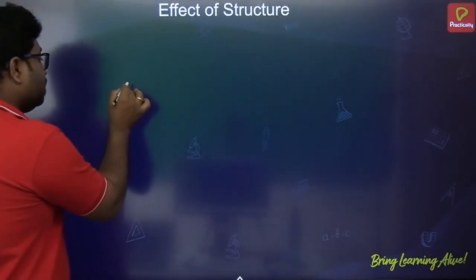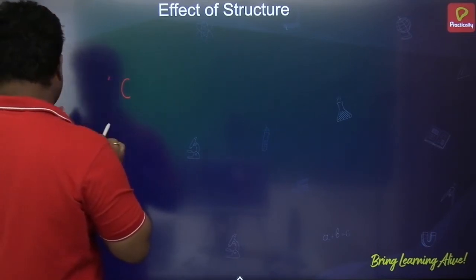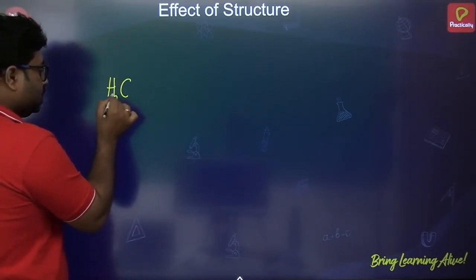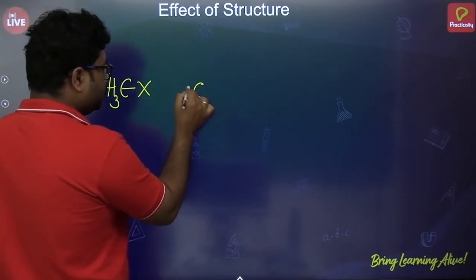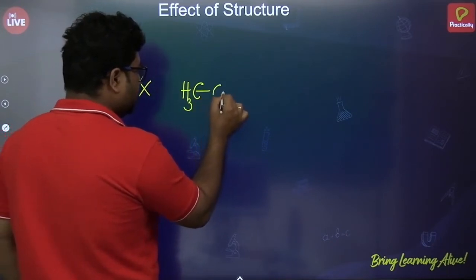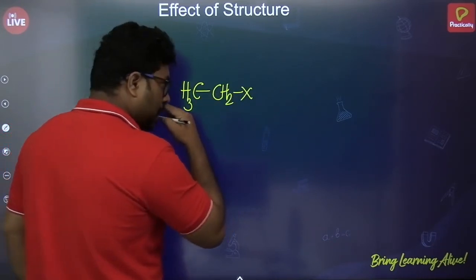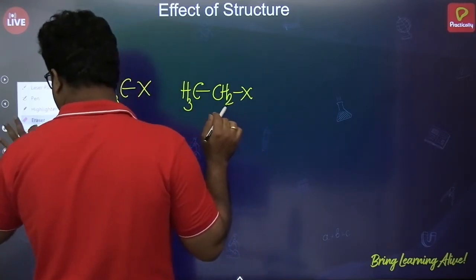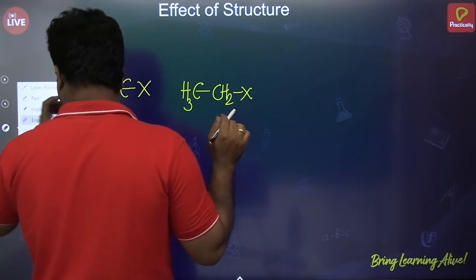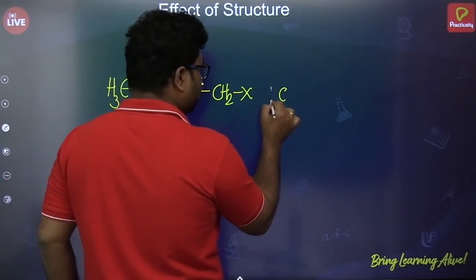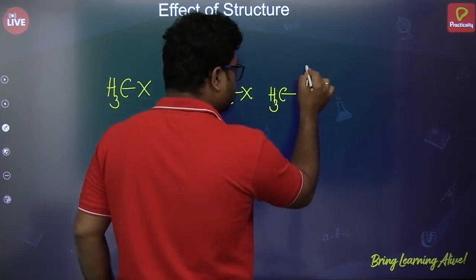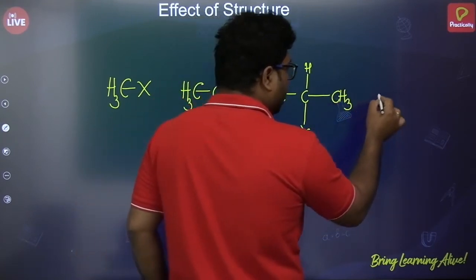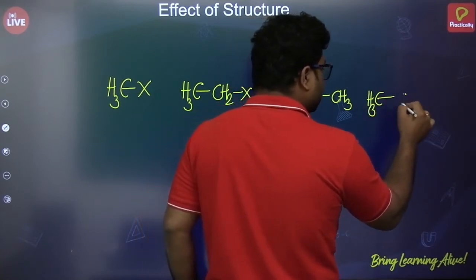For example, let me take CH3X, CH3CH2X, then CH3CHX, a secondary alkyl halide, and lastly you have a tertiary alkyl halide.